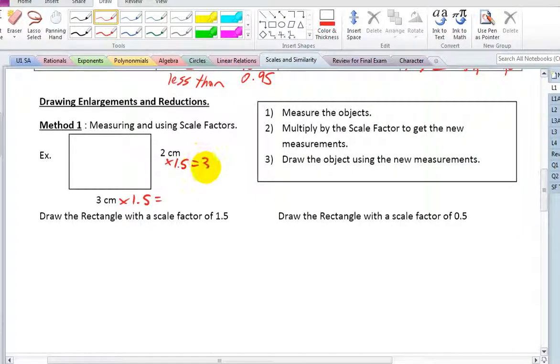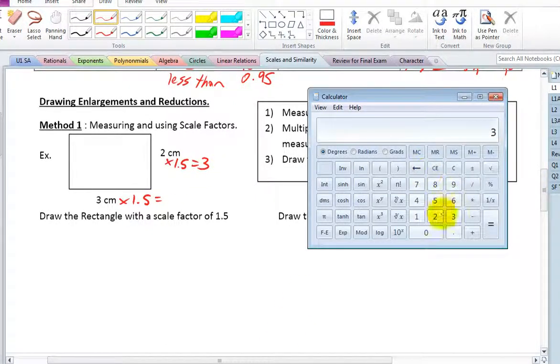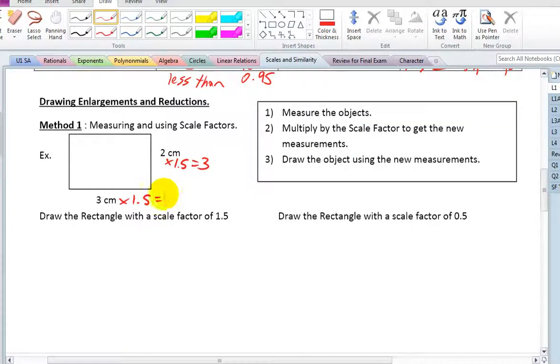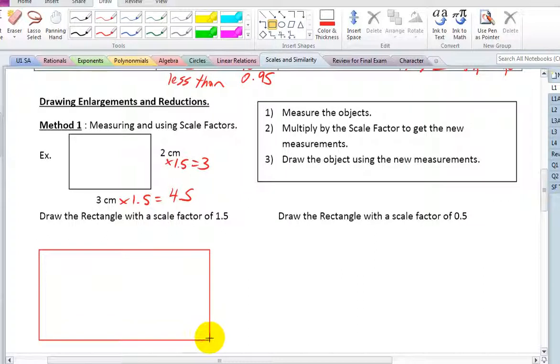So this will equal 3. This would equal 4.5. So when you draw your new rectangle, you're going to draw it 3 centimeters by 4.5 centimeters. Go ahead, draw it.